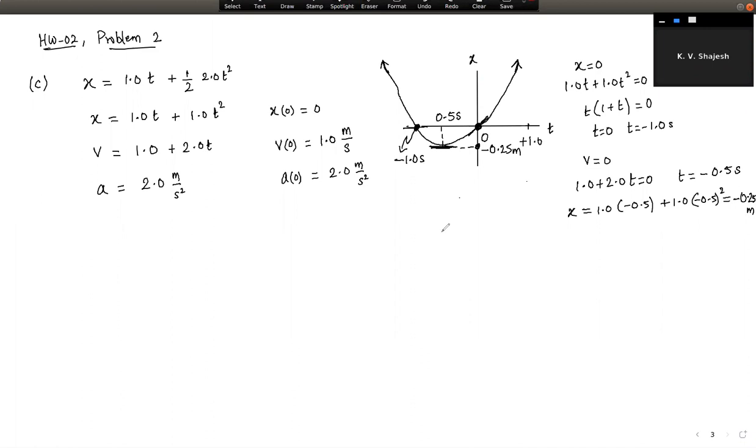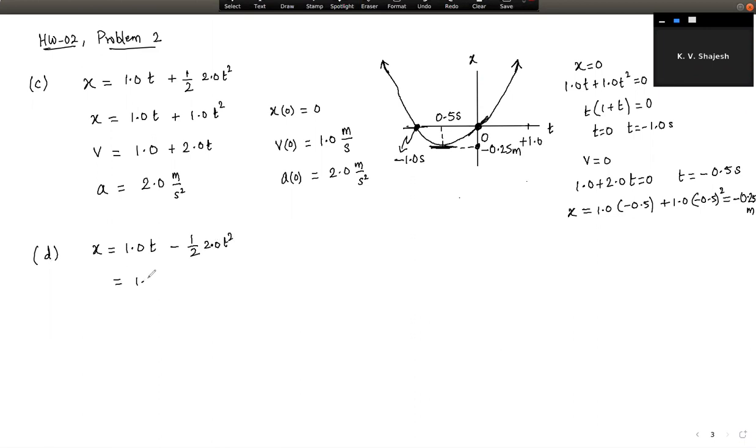It's a parabola, of course, and its acceleration is plus 2. So that's part C. Part D is very similar, except that the 2 is minus 2 instead. The velocity remains the same, so it's 1.0 t minus 1 by 2 times 2.0 t squared.